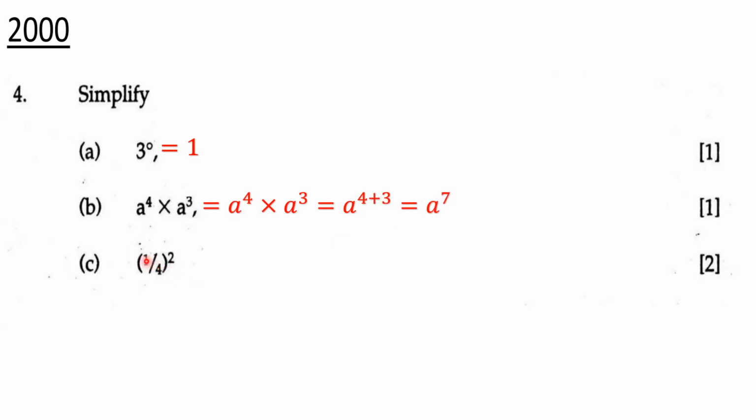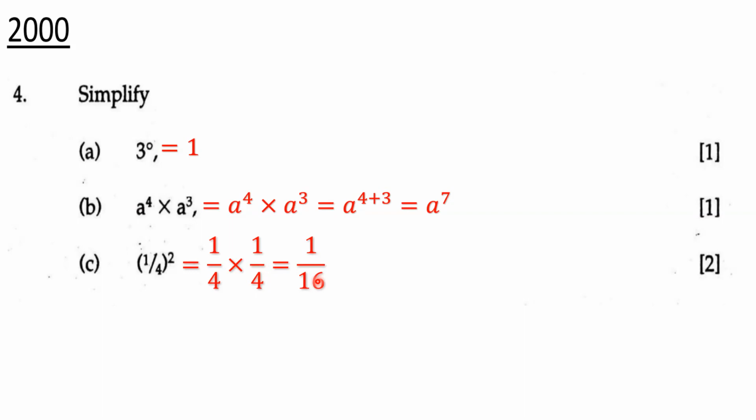And then we have 1 over 4 squared. Now 1 over 4 squared means 1 over 4 multiplied by 1 over 4. And so 1 over 4 times 1 over 4, we know 1 times 1 is 1, and 4 times 4 is 16. And that brings us to 1 over 16, which is fine. We can also simplify that further if you wanted to.